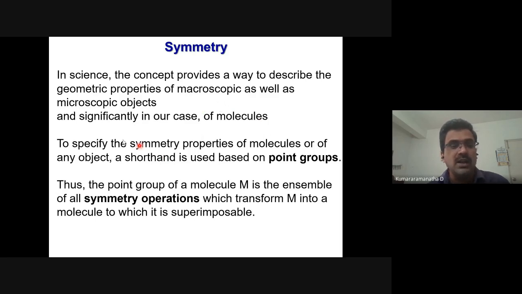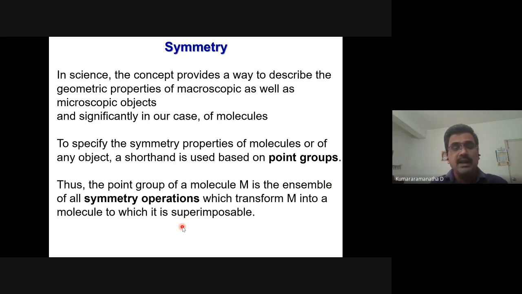Now, in order to discuss symmetric properties, we use a shorthand notation called point groups. We have a very small topic on symmetry, so I do not want to discuss more about it, but as I told, I don't mind discussing it when required.